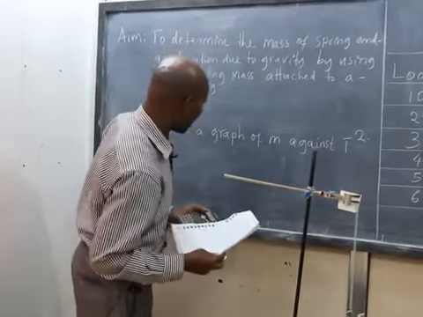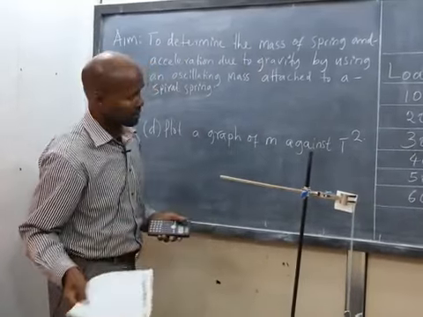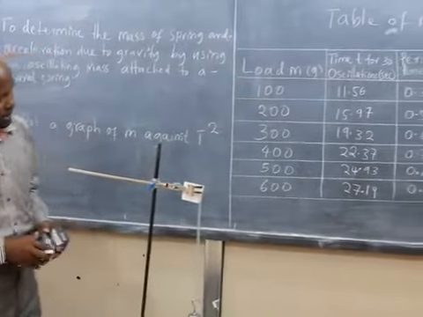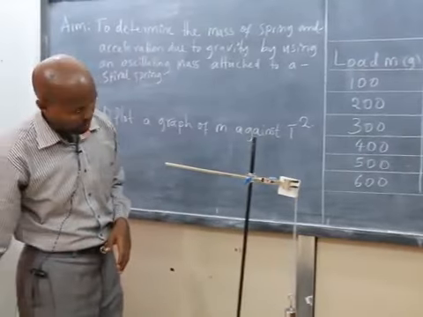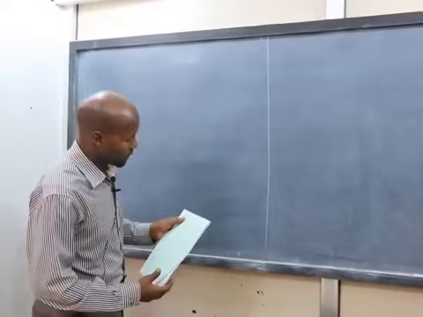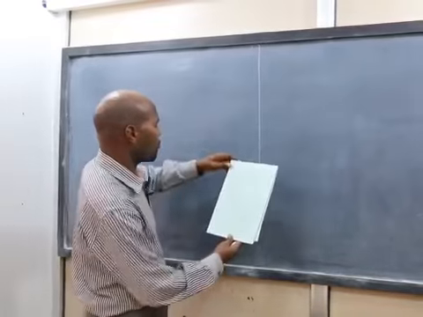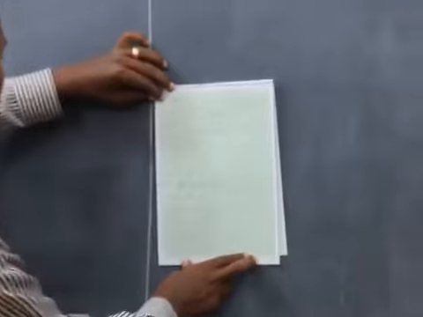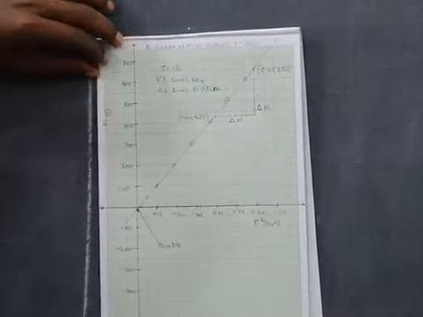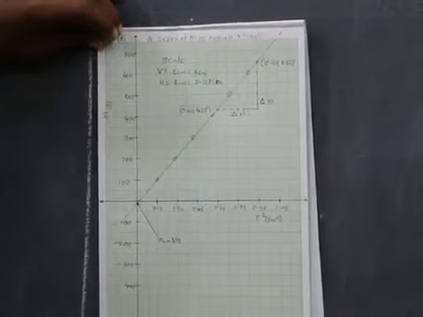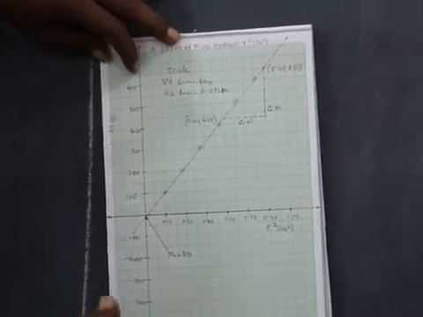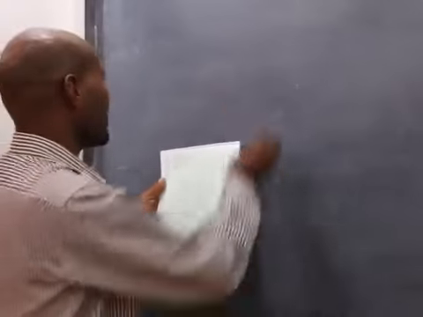So now let us plot a graph of M against T squared, that is, the mass against T squared from the table of results. We have already plotted the graph of mass against T squared, as you can see. The nature of the graph seems to be a straight line, as you can see.